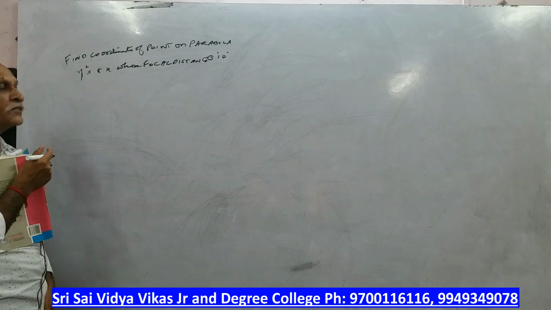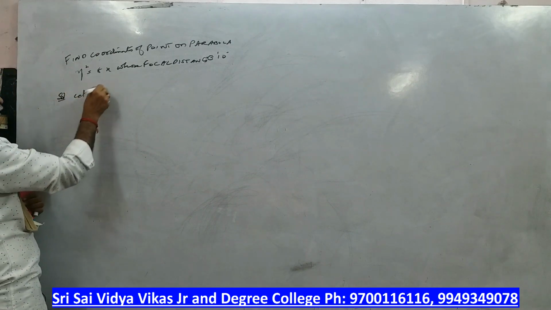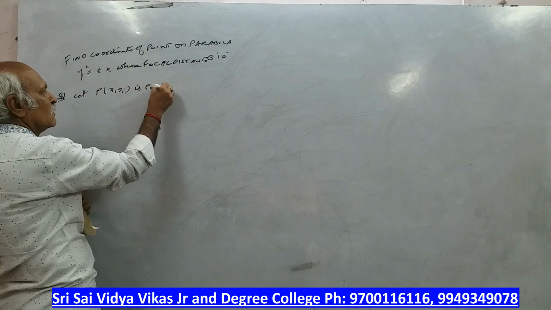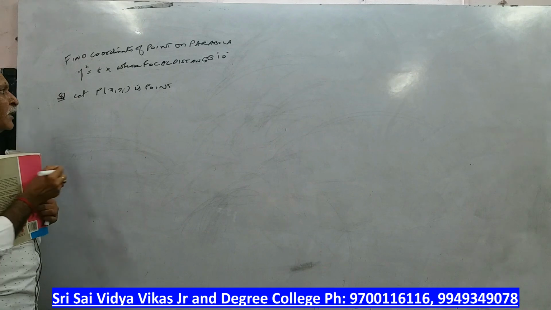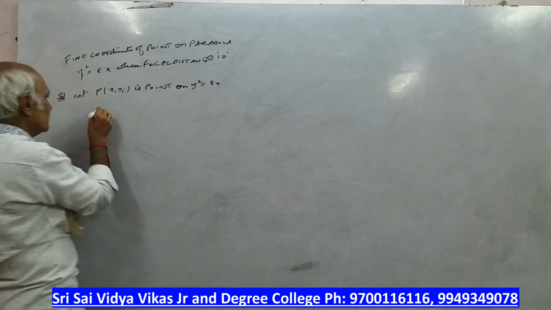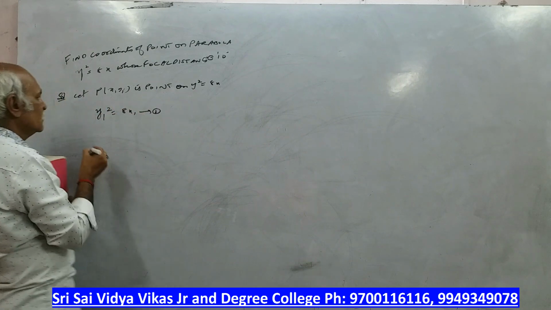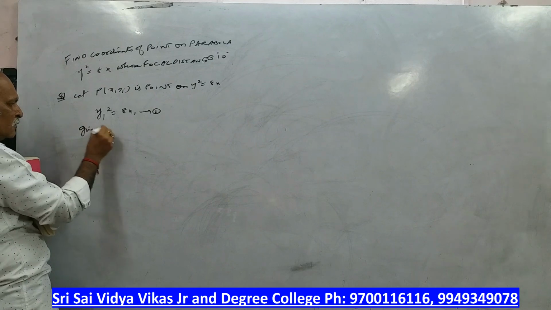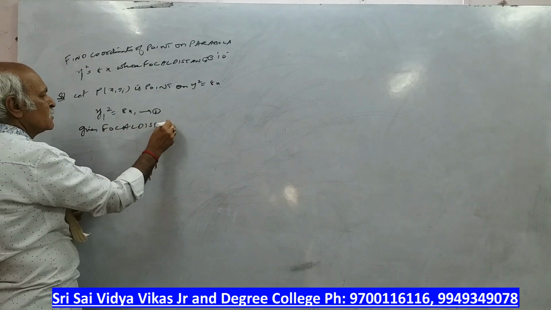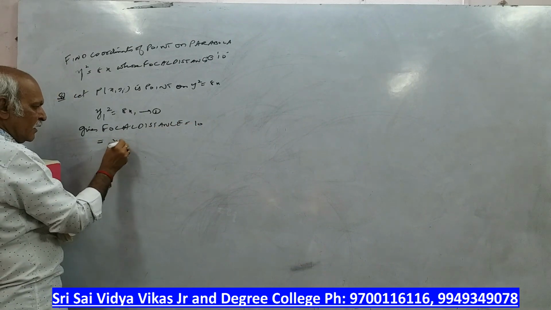Therefore, again, solution. Let P x1 y1 be the point on y square is equal to 8x. So y1 square is equal to 8x1. Call it the first equation. Given focal distance, how much? 10. We know the focal distance formula x1 plus a.